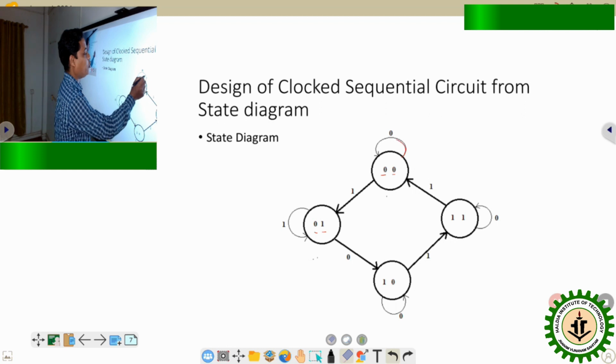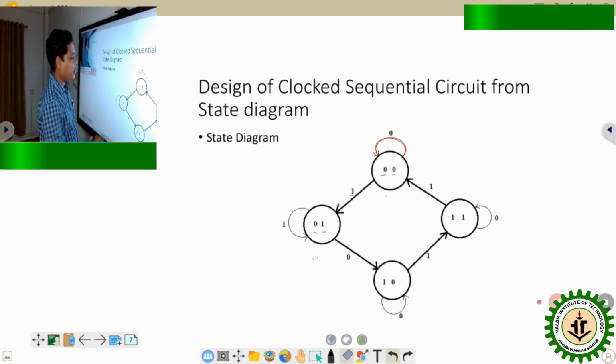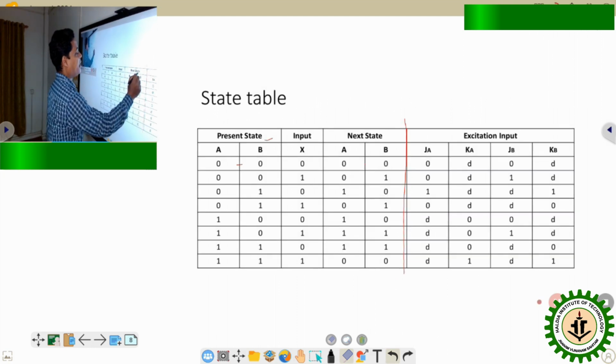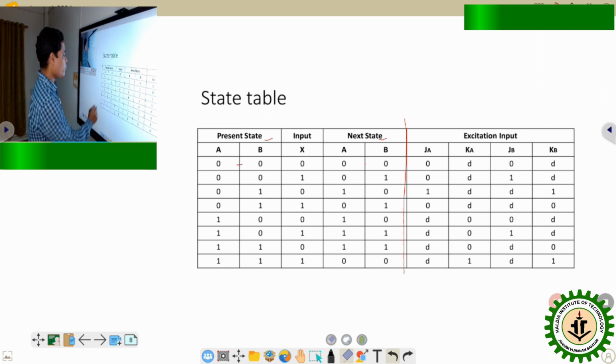When x input equals 0, it remains at the same state 0 0, but when input x is given as 1, it is changing from 0 0 to 0 1. And here, if the x input equals 1, it is not changing the state, whereas if x input equals 0, the state is changing from 0 1 to 1 0. So based on this information, this whole present state next state table is prepared.